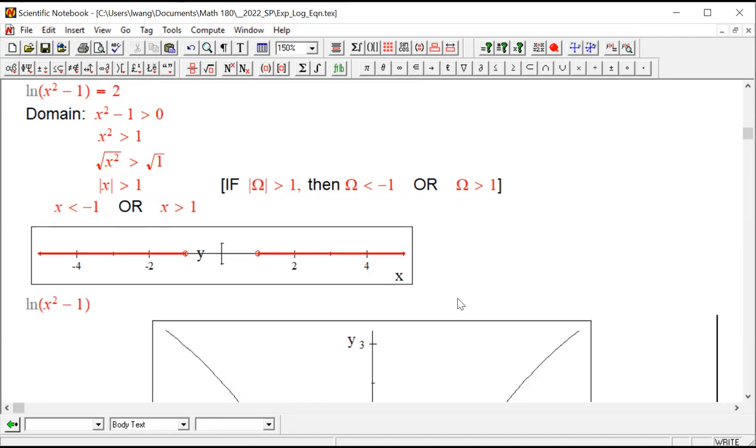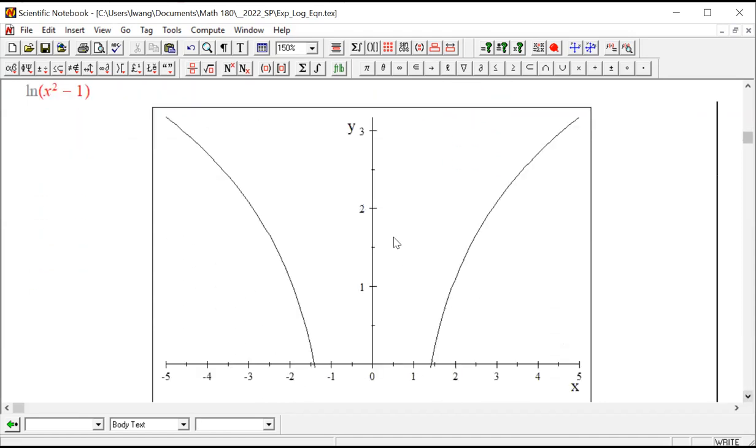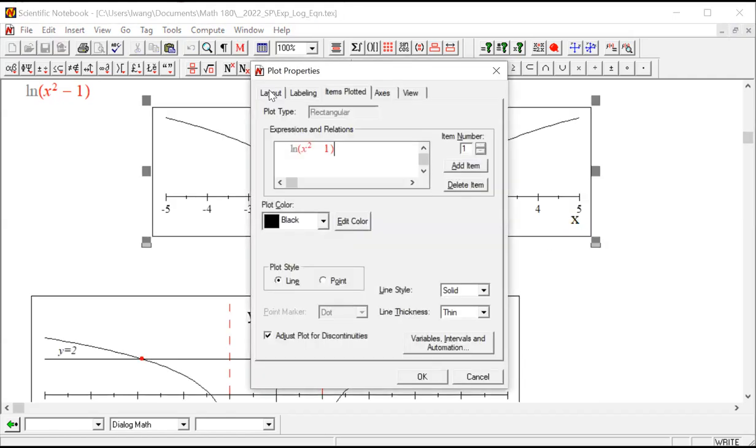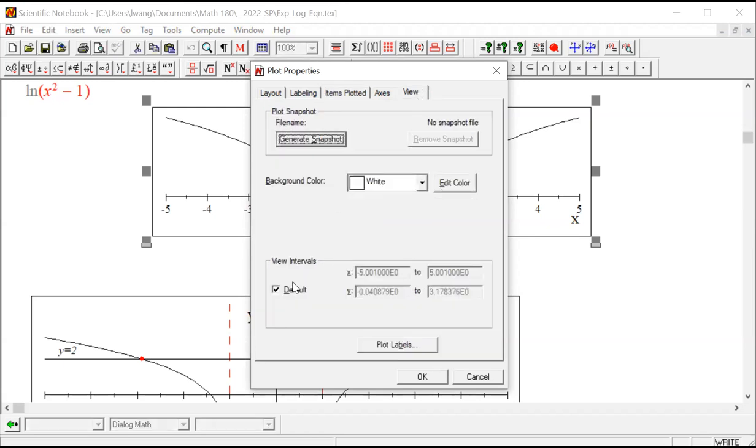If we graph this curve, we see it needs to be adjusted. So this software, like this. Make it 3, 2, 5. Okay, so this will be the picture.